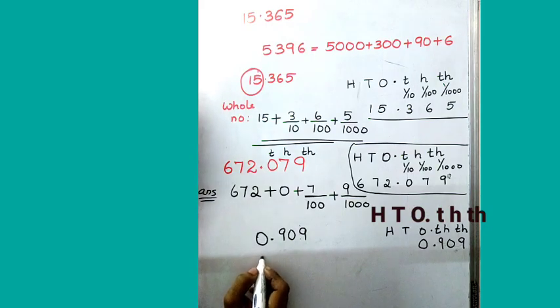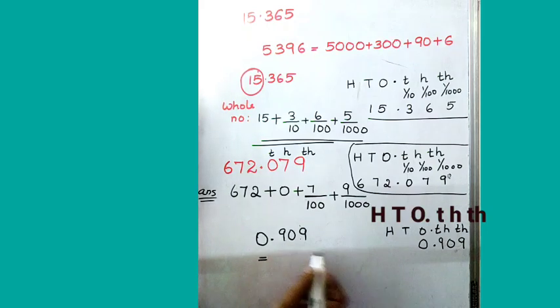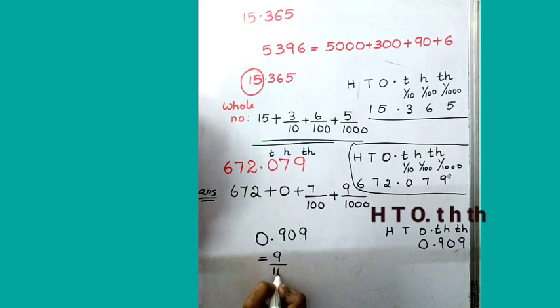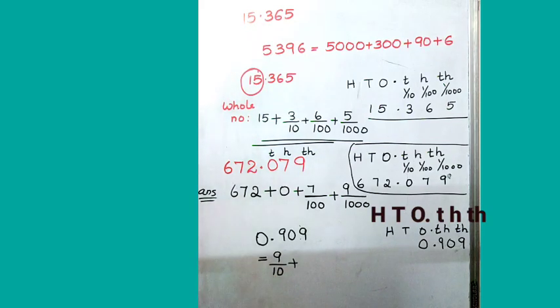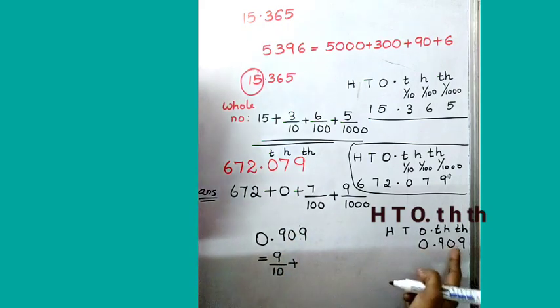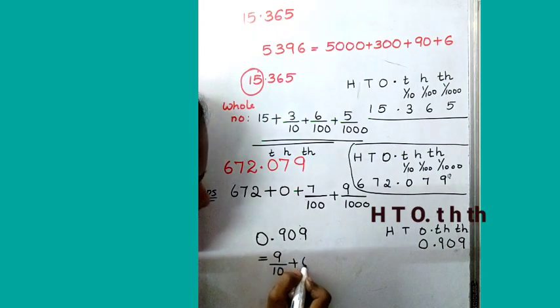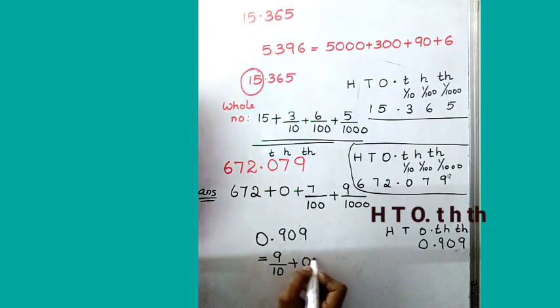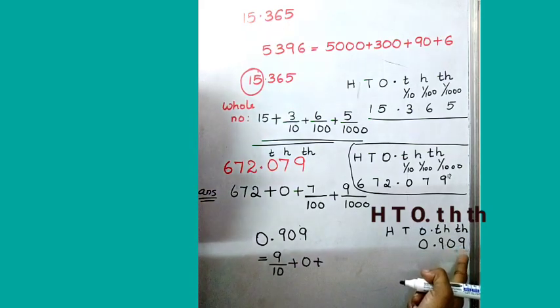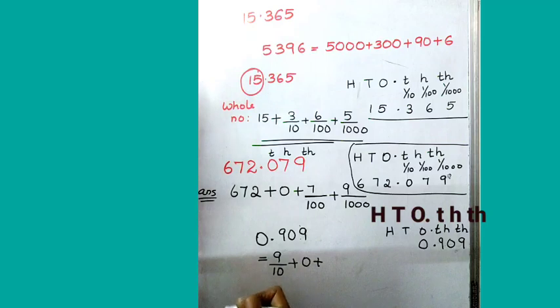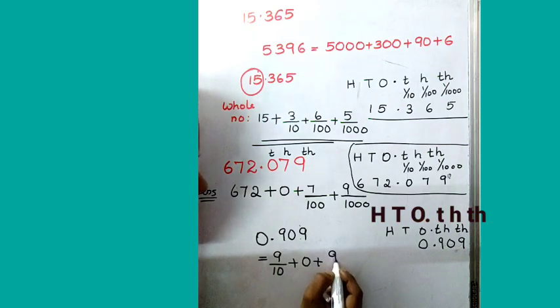Then the answer is 9 in the 10th place, that means 9 by 10, plus 0 in the 100th place. 0 by 100 is 0, so we put 0 here. Then plus 9, again 9. 9 comes in the 1000th place. Then what will you write? 9 by 1000.